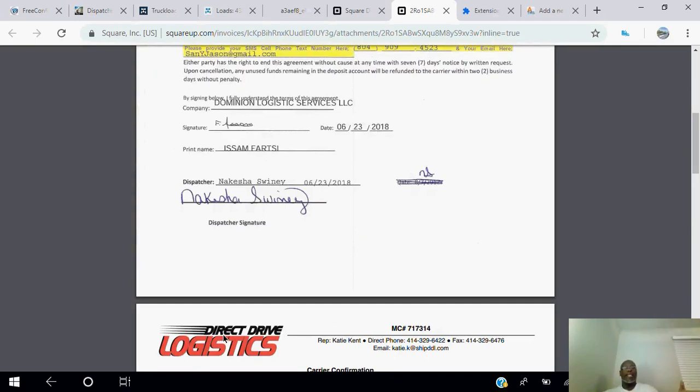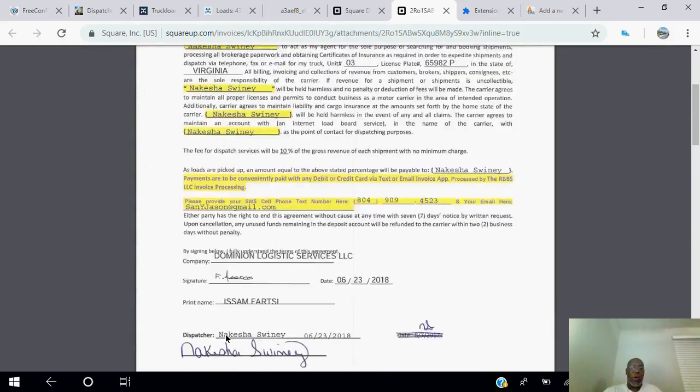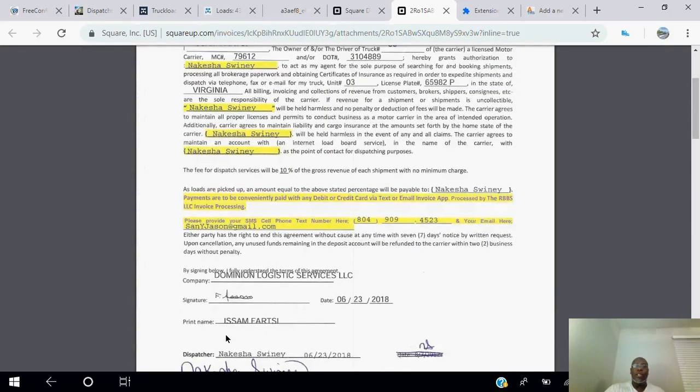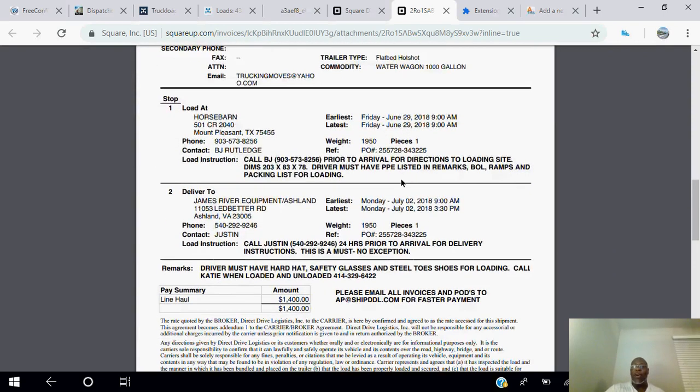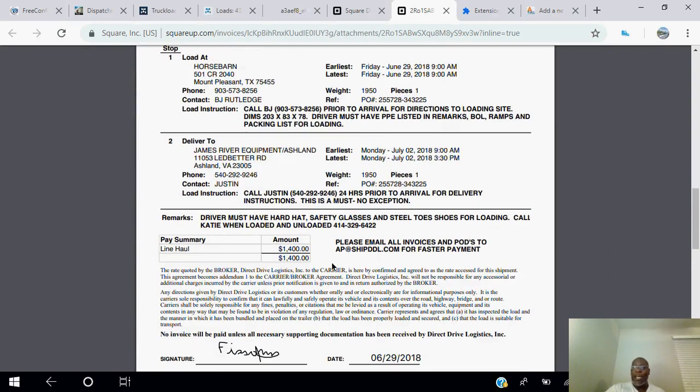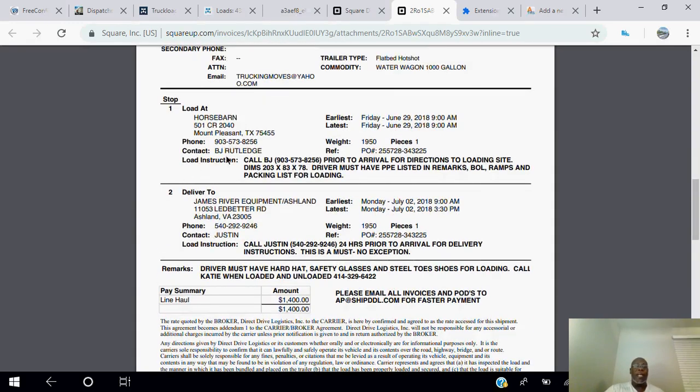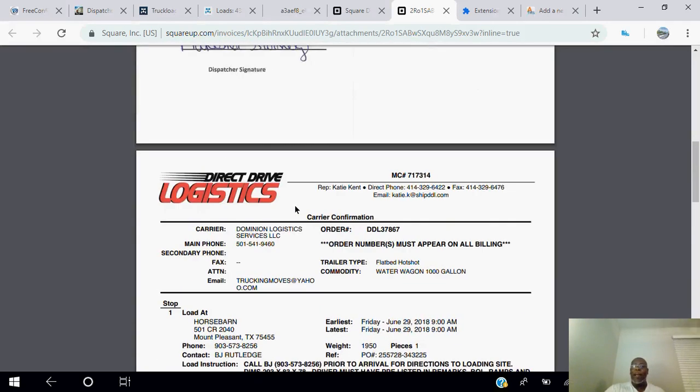So that's why it is on you as a dispatcher, before you send this over to your carrier, to read the confirmation rate sheet and make sure everything on it looks right. Make sure the money is right. Make sure the number of pickups and drops are right. Make sure your carrier's name is right. Because I've seen this happen. They will put a bogus carrier's name and address and stuff up here, and then decide not to pay your carrier, and there's nothing you can really do about it.